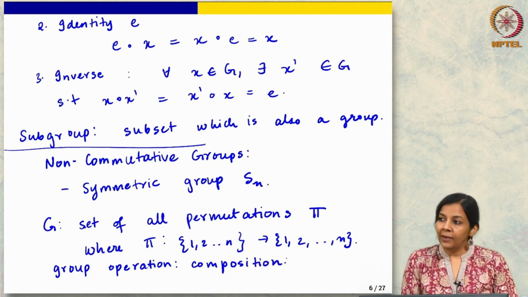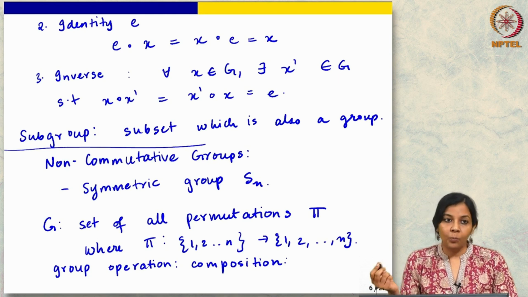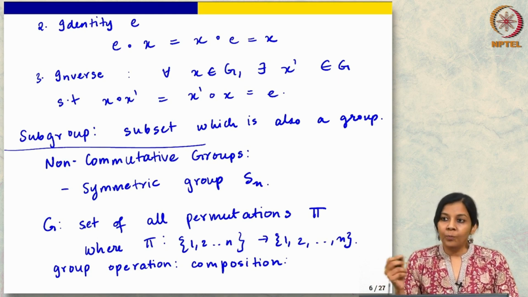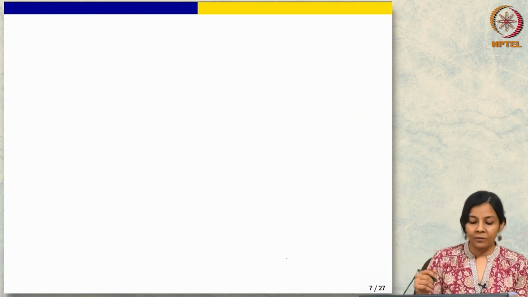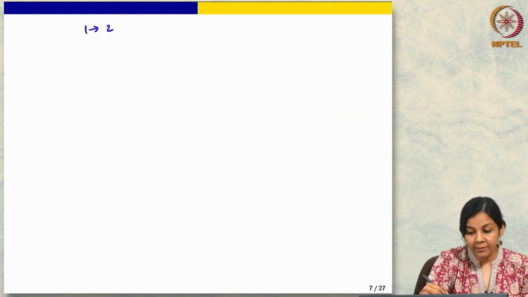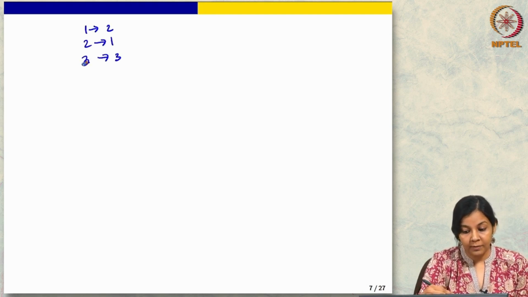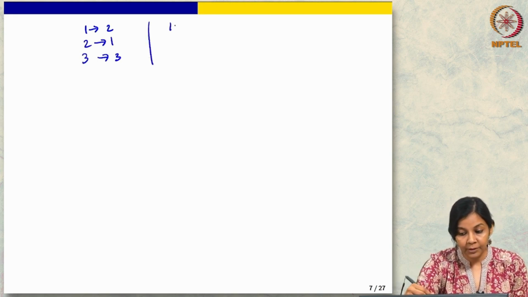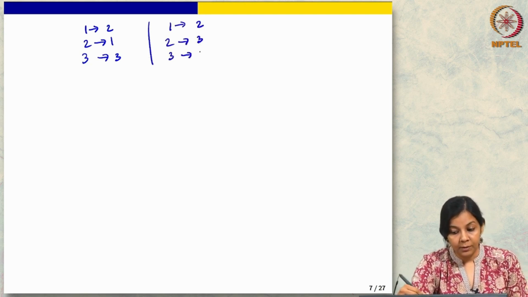And it is very easy to see that this group is not commutative. Okay. So, if I take two permutations and compose them, then the order matters. We can do a simple little example if you want. So, let us say I have 1 to 2, 2 to 1 and 3 to 3. Let us say this is one permutation and the other is 1 to 2, 2 to 3, 3 to 1.